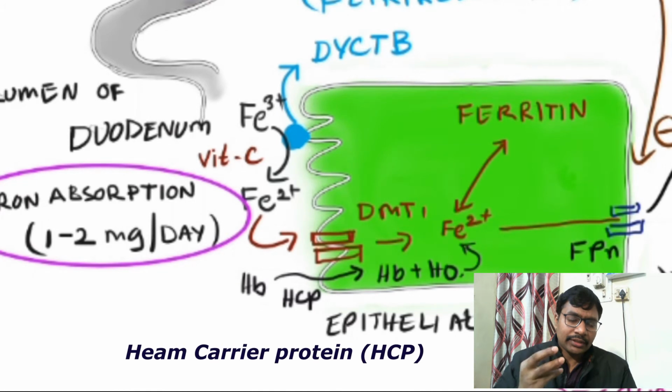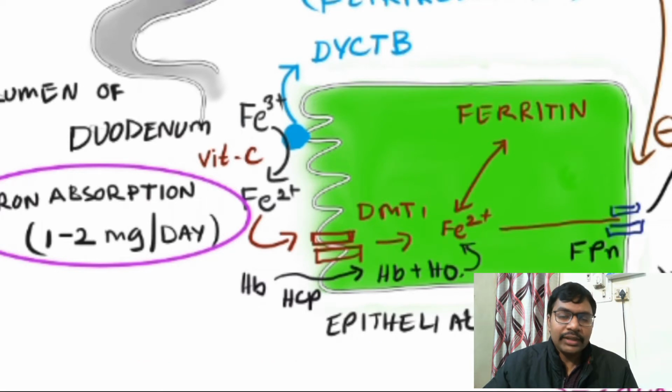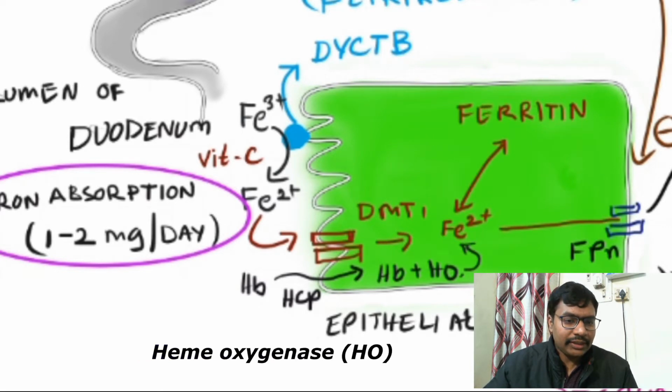The iron coming through the non-vegetarian source has to go through the heme carrier protein into the epithelial cells, where it undergoes the heme oxygenation process. Heme oxygenase is an enzyme which breaks the porphyrin ring of the hemoglobin part.